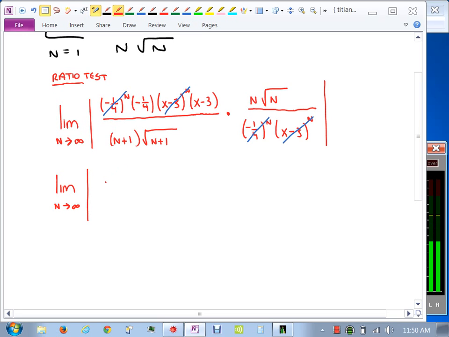I have n times the square root of n over n plus 1 times the square root of n plus 1, times, what did we have there? The absolute value of negative 1/4 times (x minus 3). Is it all right if I write it that way? You can write it as a positive, right? I will on the next step.